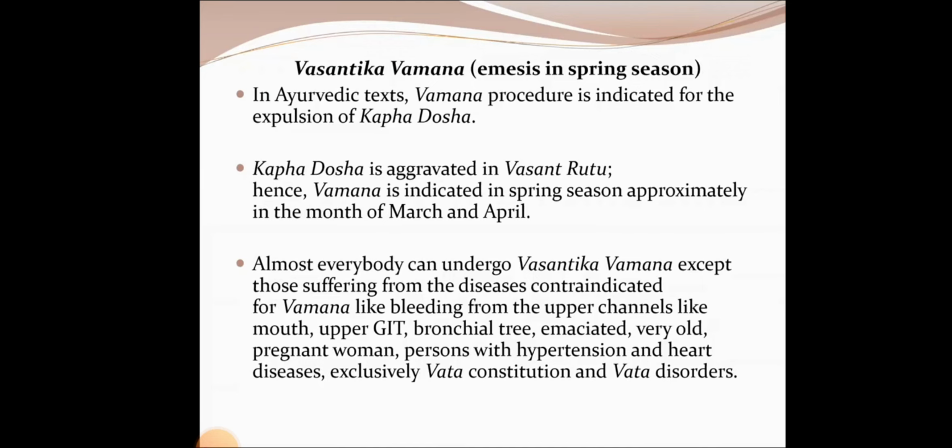Almost everybody can undergo Vasantika Vamana except those suffering from diseases contraindicated for Vamana, like bleeding from the upper channels of mouth, upper GIT and bronchial tree, the emaciated, the very old, pregnant women, persons with hypertension and heart diseases, and exclusively Vata Prakriti and Vata disorders. Except these persons, everybody can undergo Vasantika Vamana.